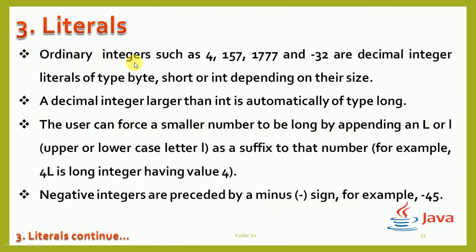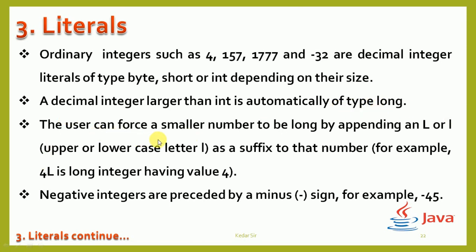Ordinary integers such as 4, 157, 1777 or minus 32 are decimal integers, and the literals are of type byte, short, or int depending on their size. A decimal integer larger than int, Java automatically defines as a long data type.